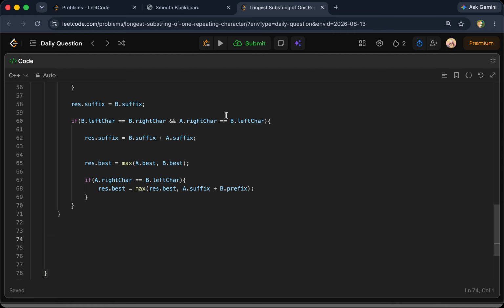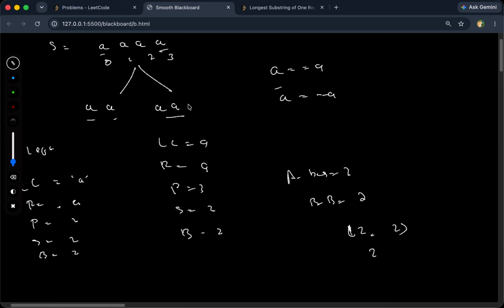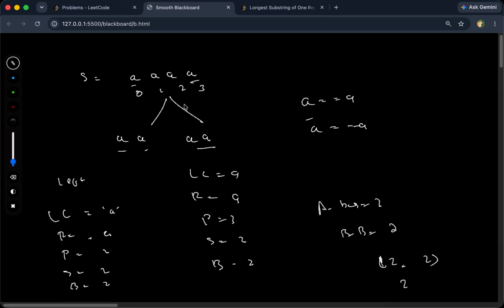So see, the left child is a and the right child is also a. Both children have a prefix of 2 and suffix of 2 and the best value of 2, because the left child ends with a and the right child starts with a, so these two groups can connect.